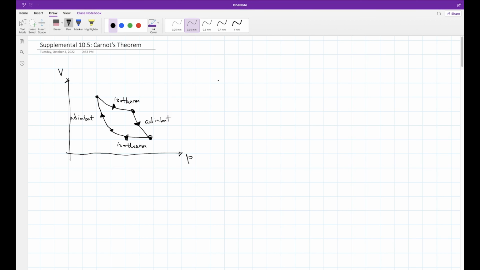Now, in video 3, we also looked at this same cycle, but in ST space. And to remind you of what that looked like, it was just a rectangle. Good. And now we should be going clockwise.